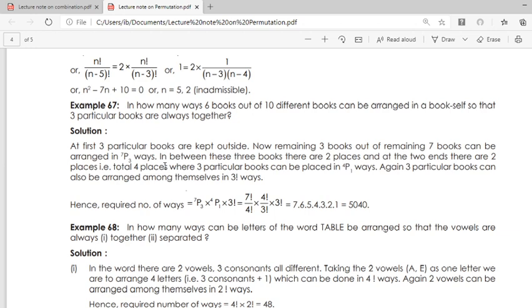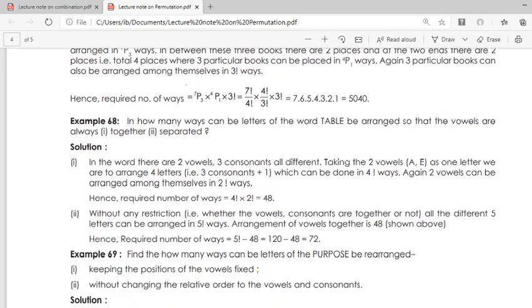So if we bring that together, we are going to have 7 permutation 3 multiply 4 permutation 1 times 3 factorial.